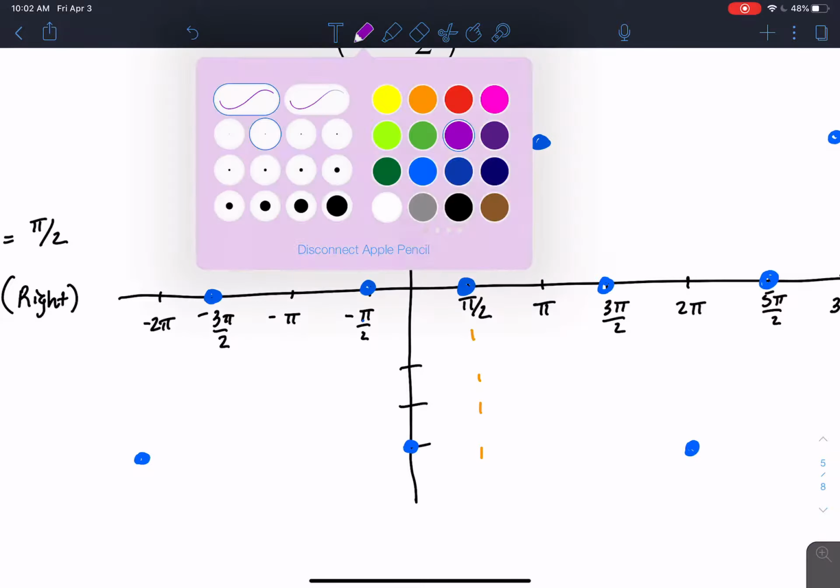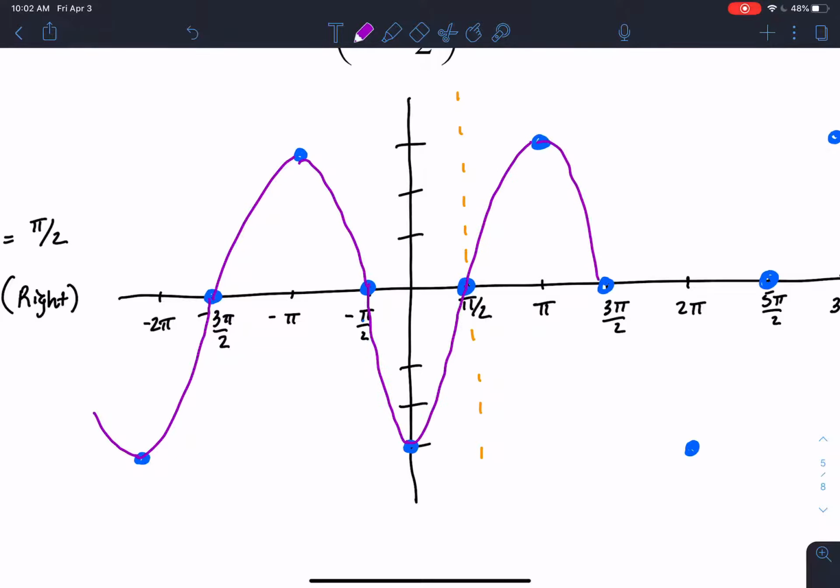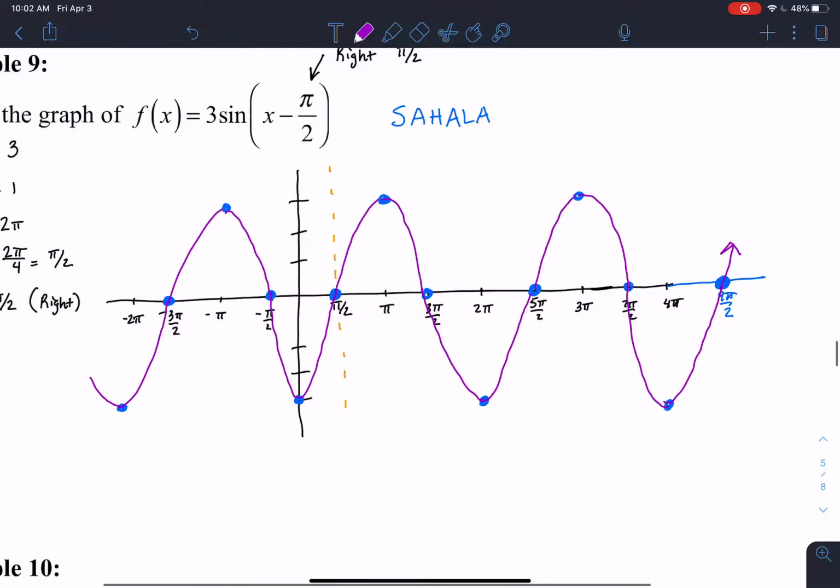Okay, and then you connect your curve like that.